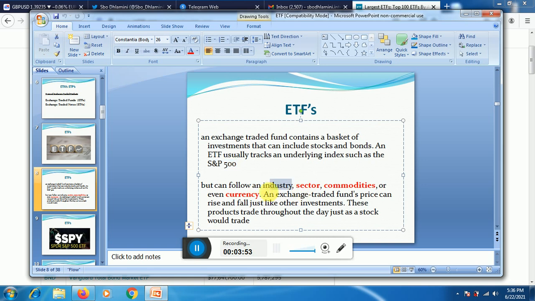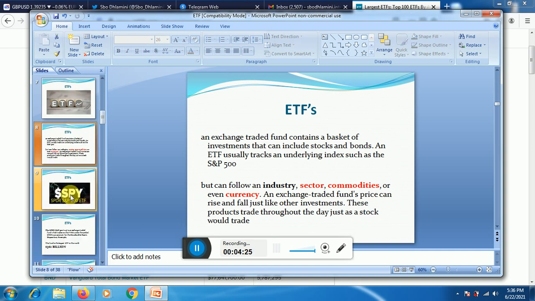But they can also track a certain industry or a particular sector in the market, or a certain group of commodities. They can even track certain currencies, like emerging market currencies or developed market currencies. These products trade throughout the day, just like any stock could do.